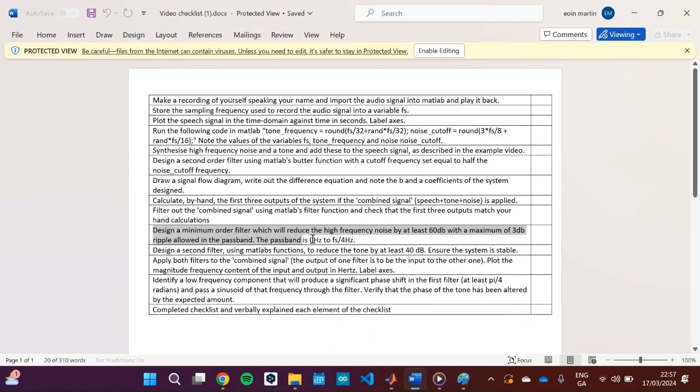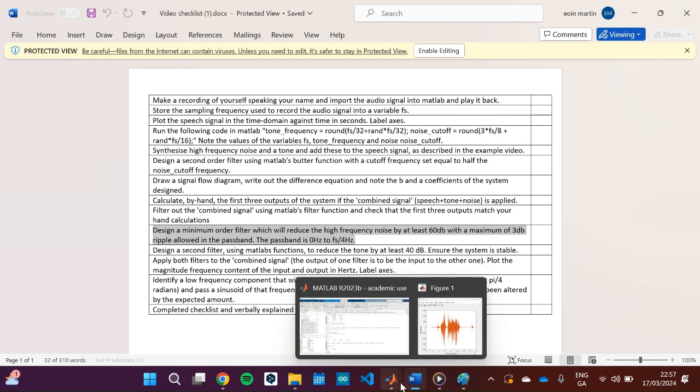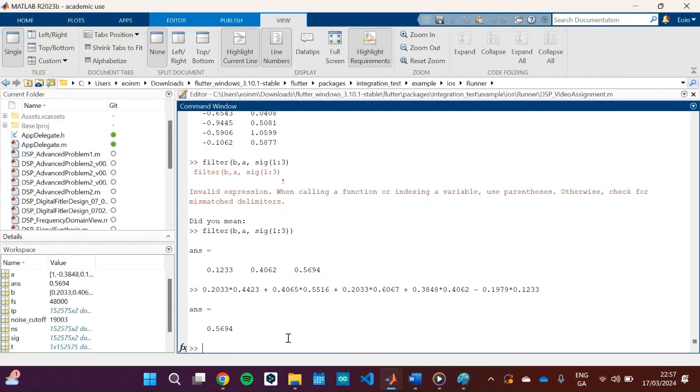Design a minimum order filter which will reduce the high frequency noise by at least 60 decibels with a maximum of 3 decibel ripple allowed in the passband. The passband is 0 Hz to fs over 4 Hz. Okay. Minimum order filter. So I'll use the N and Wn parameters. This is the function that finds the order of a Butterworth filter. Wp will be set to 1/2.